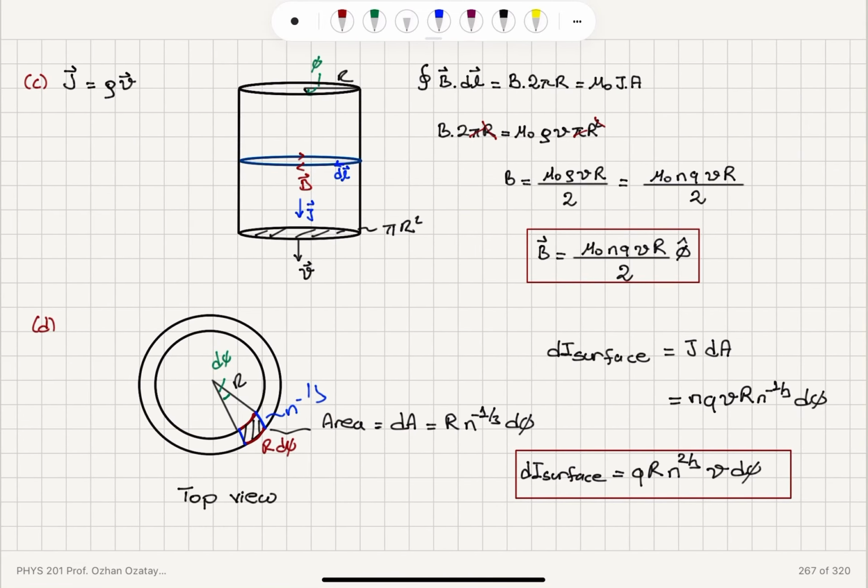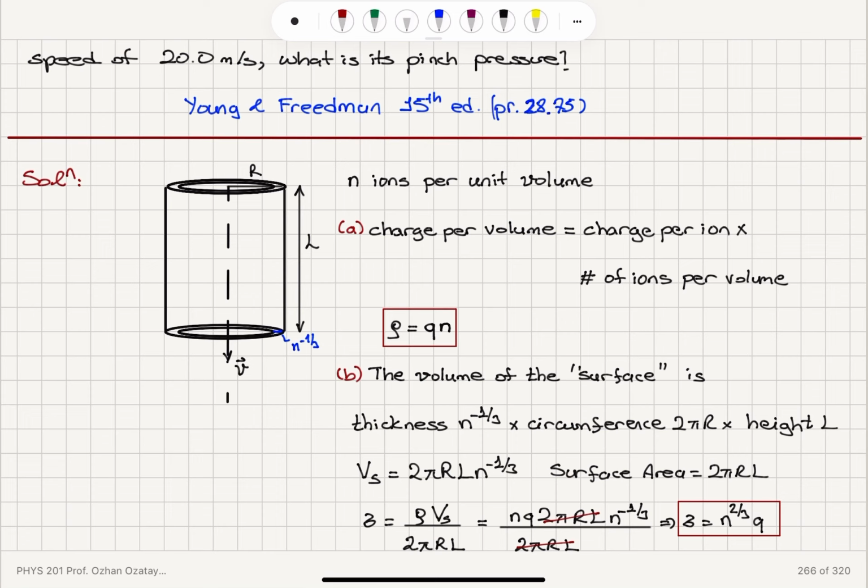So in this problem, we talked about plasma inside a cylinder moving axially with velocity v in the downward direction. If we have n ions per unit volume and they each have a charge q, n times q is the volume charge density.